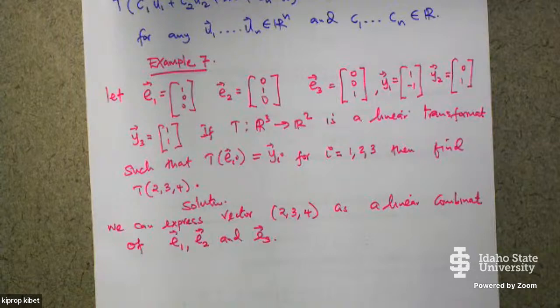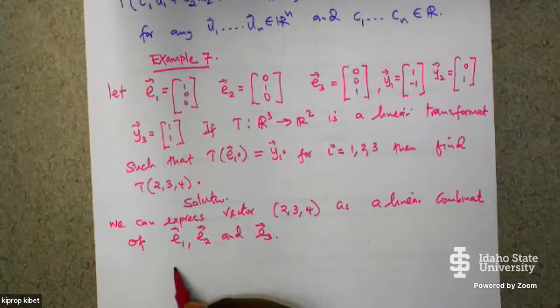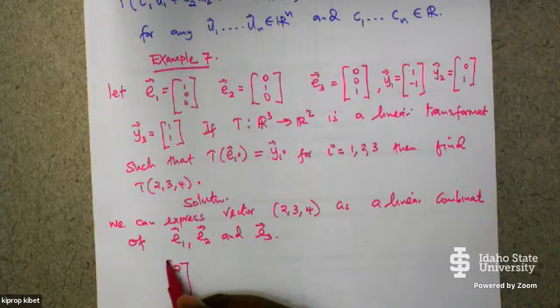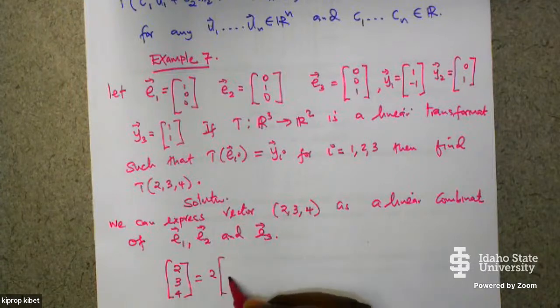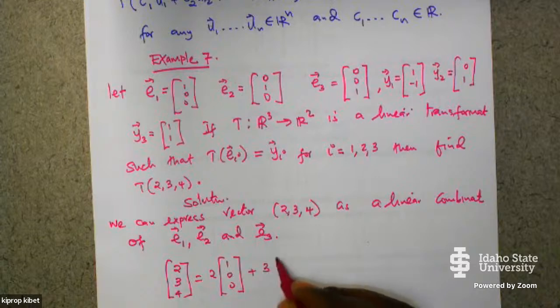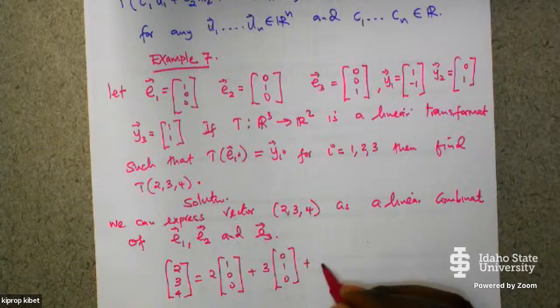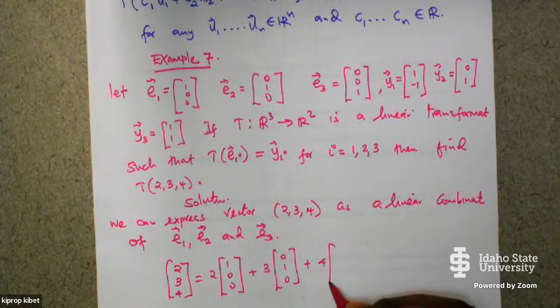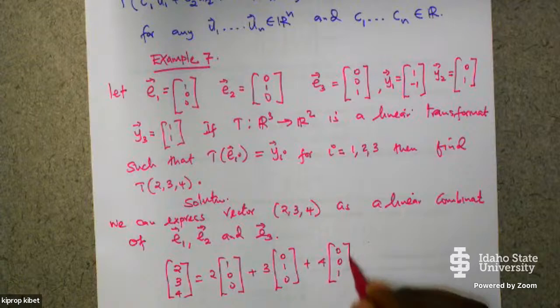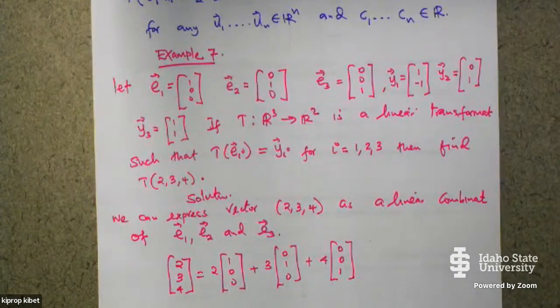So how do we express this as a linear combination? (2, 3, 4) is equal to 2 times (1, 0, 0), plus 3 times (0, 1, 0), plus 4 times (0, 0, 1).